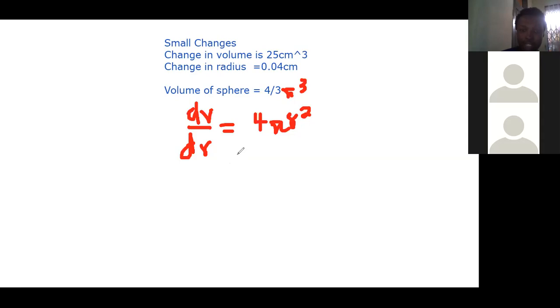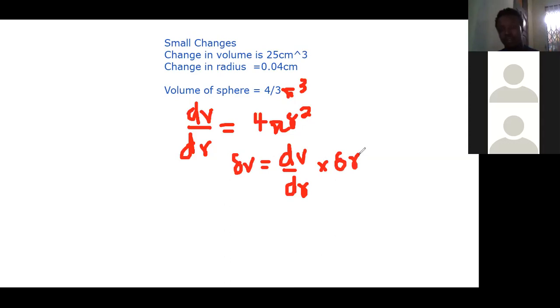The normal formula is small v equals dV over dr times small delta r, which is a smaller change in r.